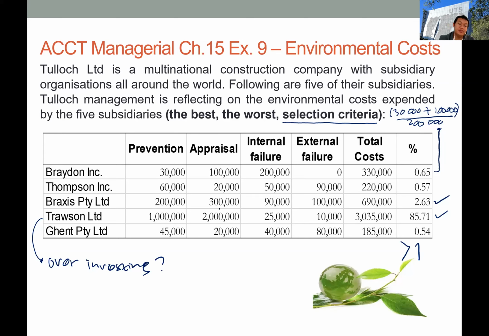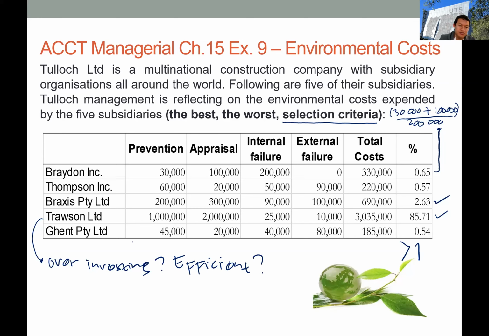So it means that the investment is not efficient or not specific enough to address the specific environmental issues within the subsidiary.